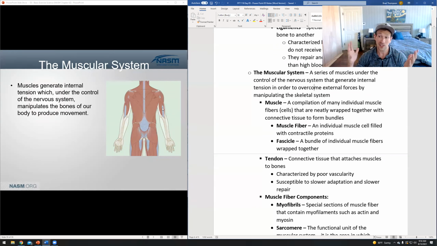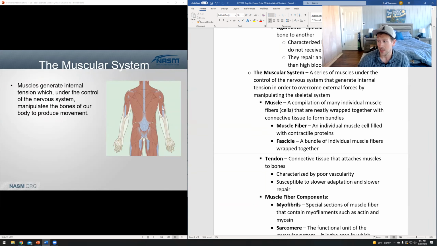Muscle cells go from being this long to being this long and then relaxing back to full length. If that's happening in thousands of muscle cells simultaneously, then my entire muscle is going to get shorter.